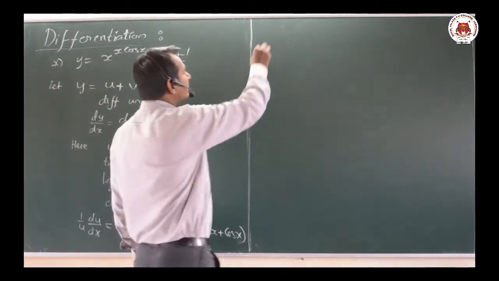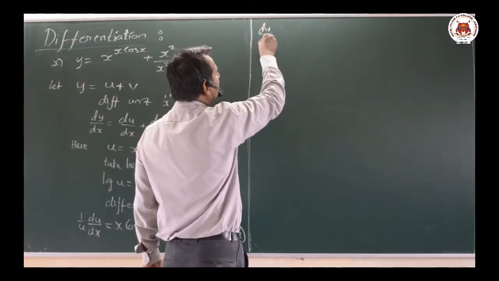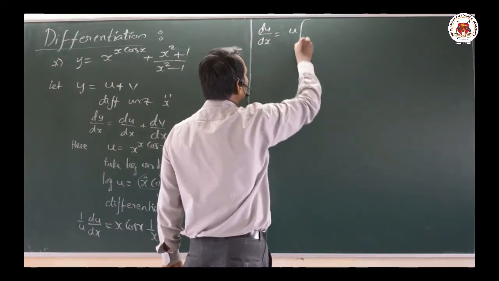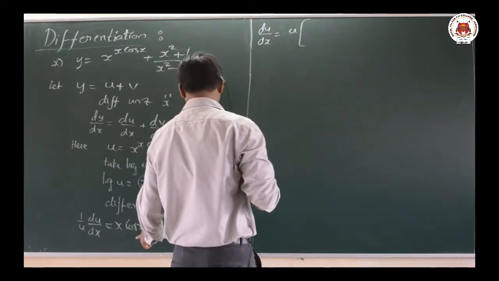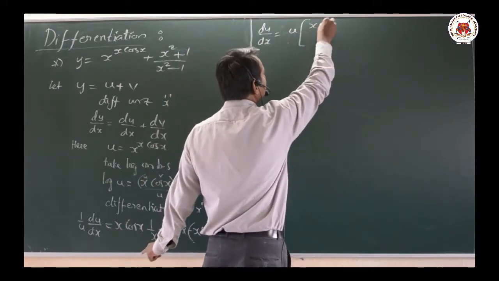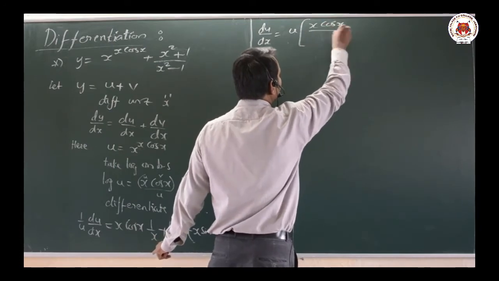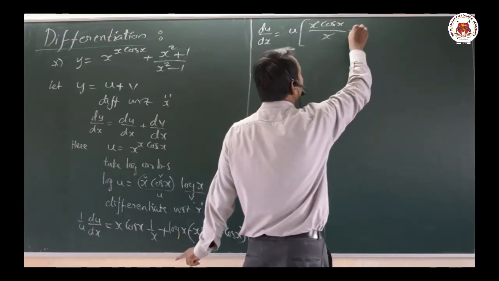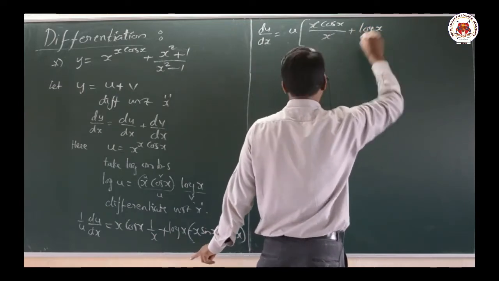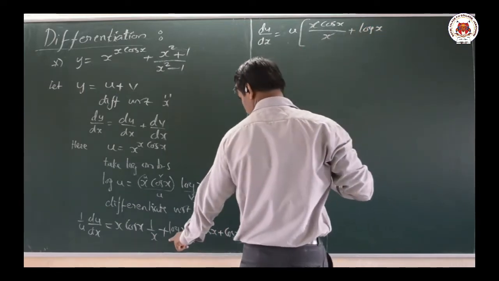Finished. That is du by dx equal to u into the next part, u into what we have, x cos x divided by x. That is x into cos x divided by x. Here x gets eliminated. Plus of log x, okay, log x into the whole part.